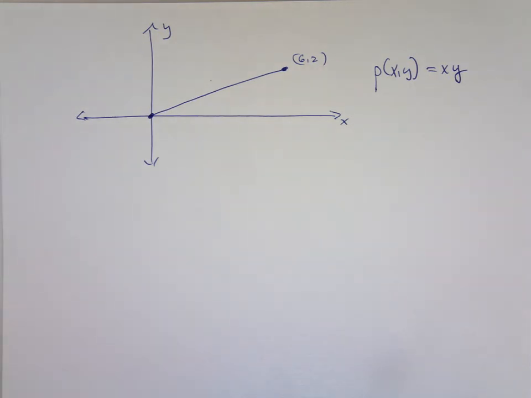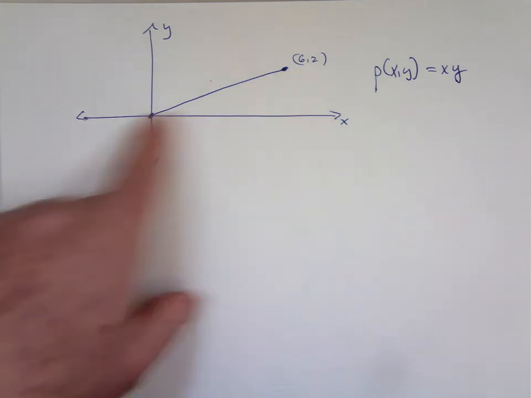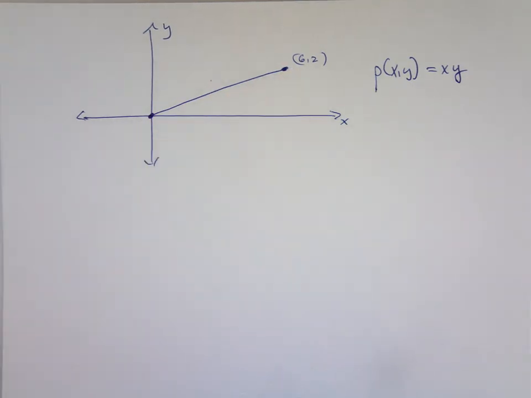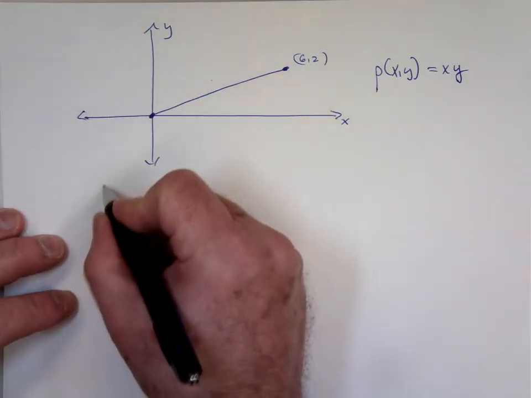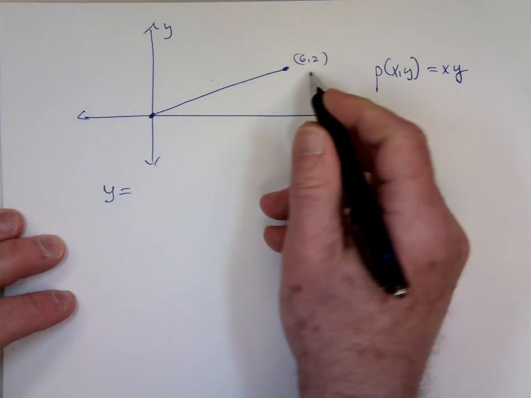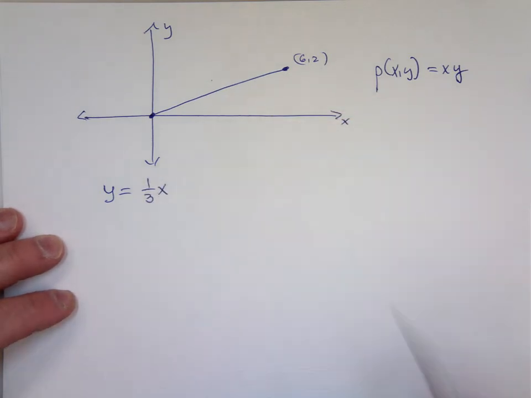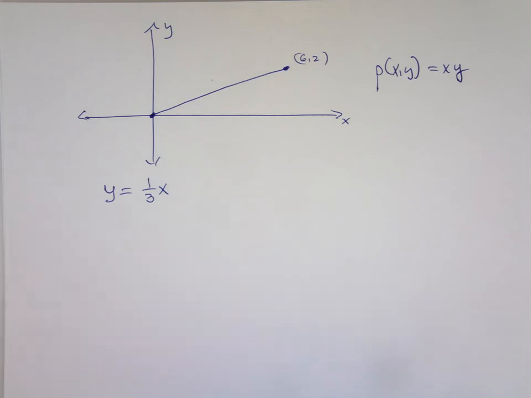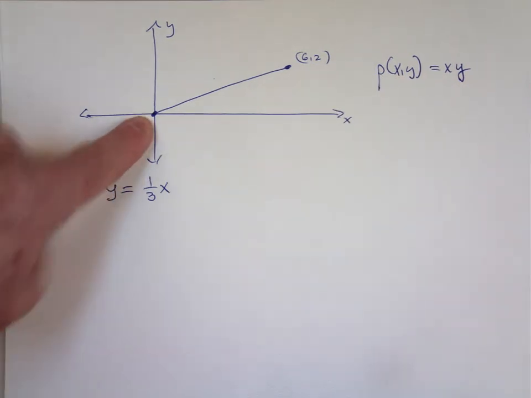All right, so we got this wire on this line. The line is y equals, the slope would be 1/3 x. Okay, so that's the path of the wire. It's got a density function xy. So at the origin where it starts, there's no density at all.